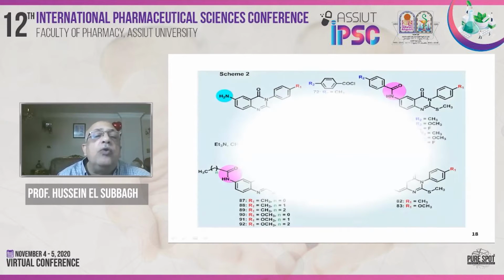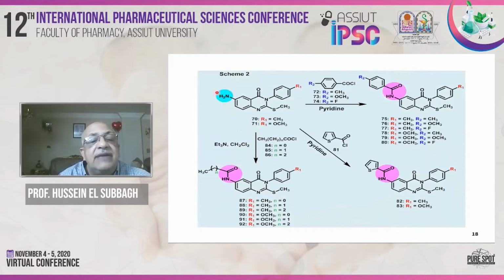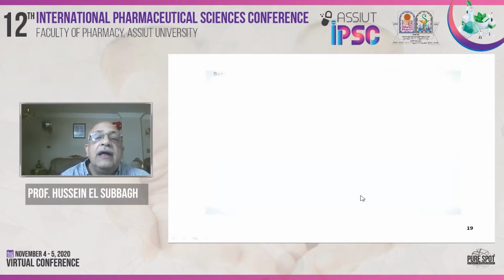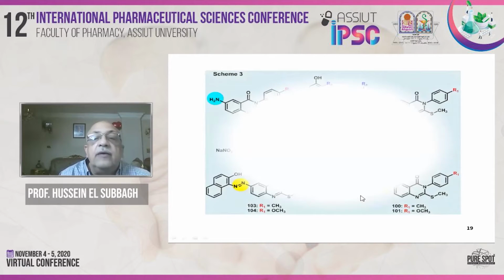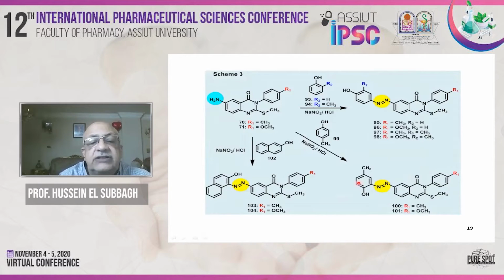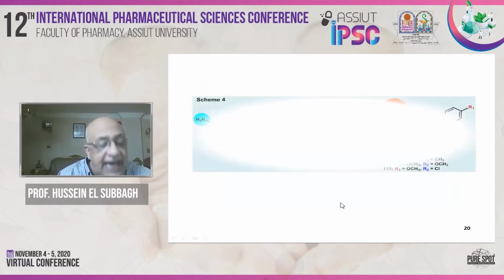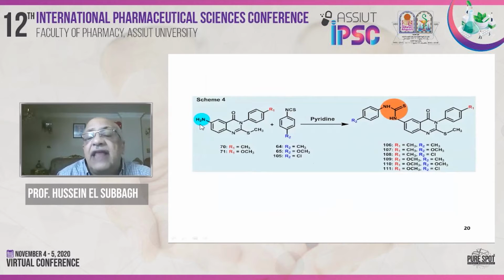The amino group has been used to form amide, various amides, as you see: aliphatic, heterocyclic, and aromatic. Here, we used the amino group to get an azo function at position 6. Also, we used the amino function to get a thiourido functional group into the designed position.